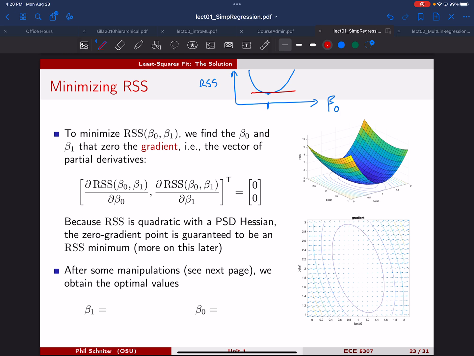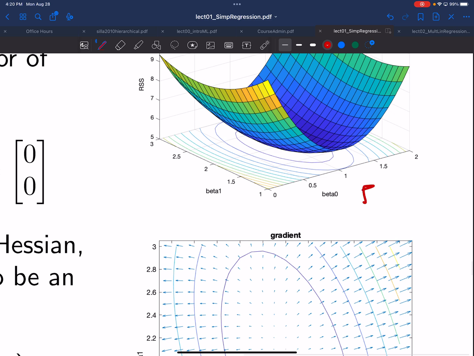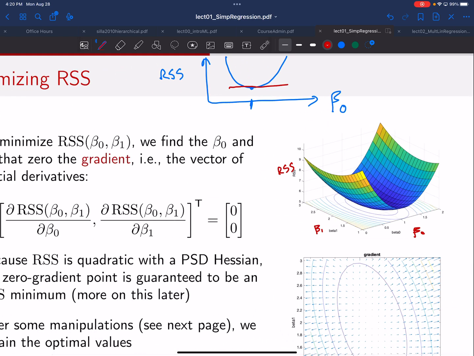Is that making sense? Okay, so we actually need to do this simultaneously for beta 0 and beta 1 in 2 dimensions, but it's really not much different. So here's the picture in 2 dimensions. It's kind of hard to see, but this is beta 0 here. This is beta 1. This is RSS. And so here again, we have a parabolic shape. It's a 2-dimensional hyperparabola, but it behaves essentially the same way.